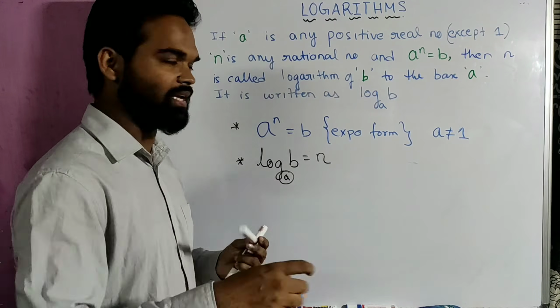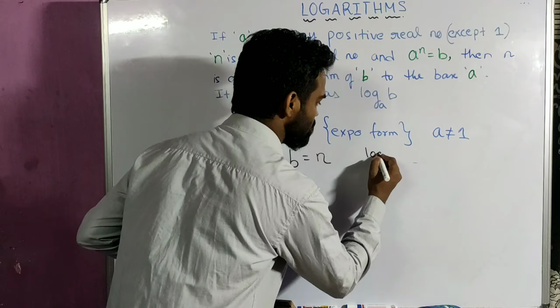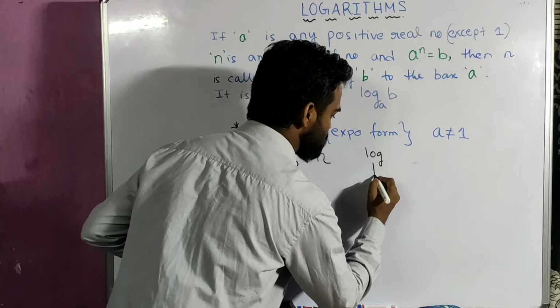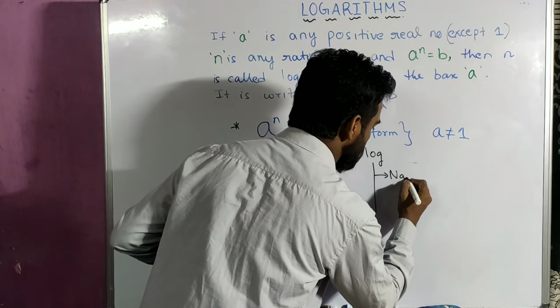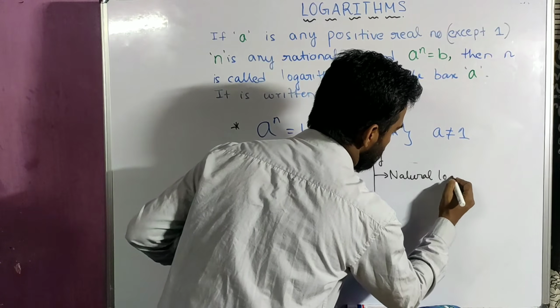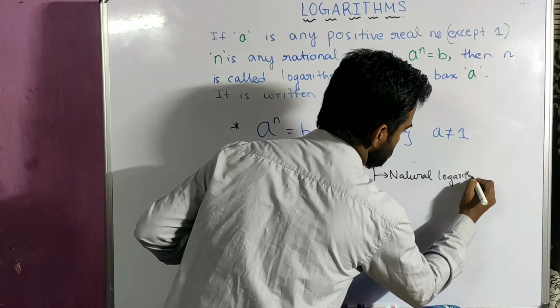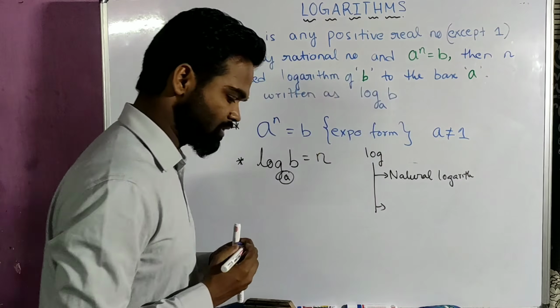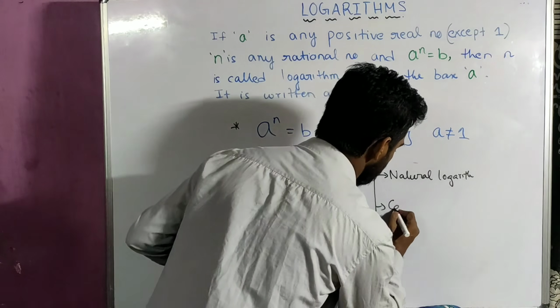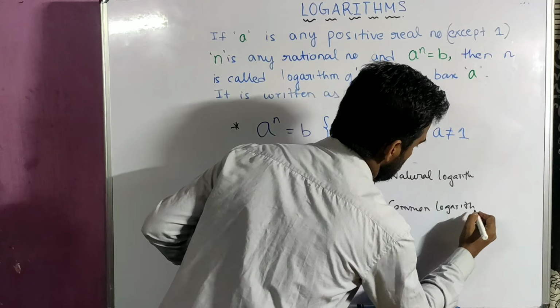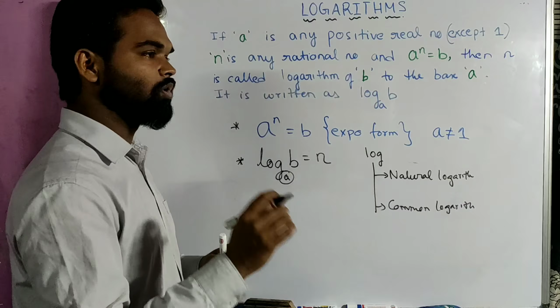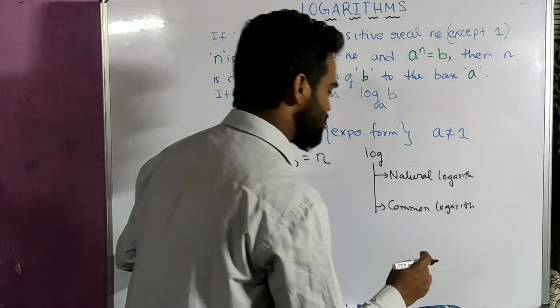Now based on the base, logarithm has two types. One is your natural logarithm and one is your common logarithm. In common logarithm, we always take the base as 10.